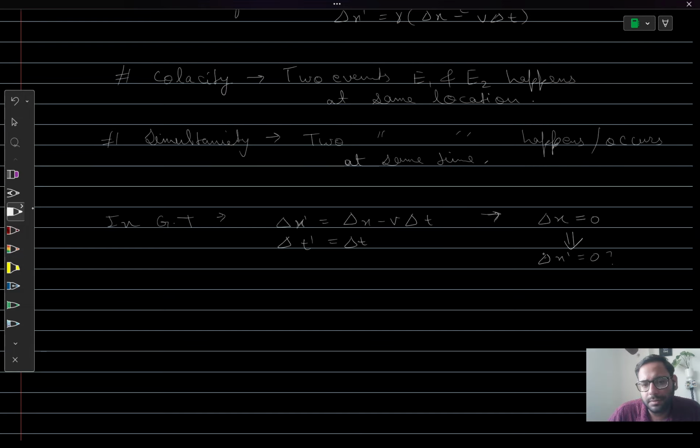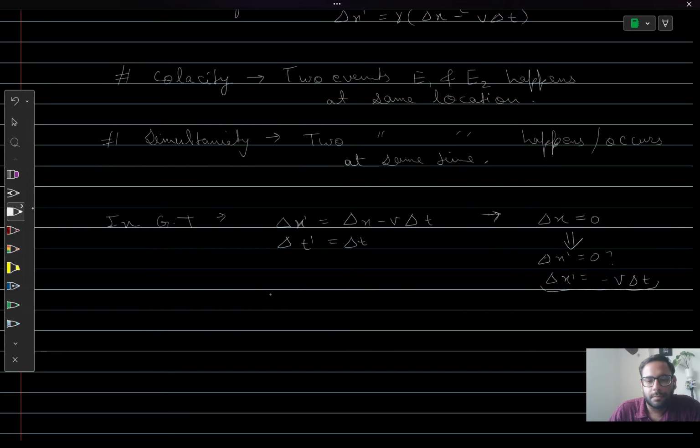Of course this depends on whether you are defining your del t, the time interval, as 0 or not. So it will not be co-local, of course.